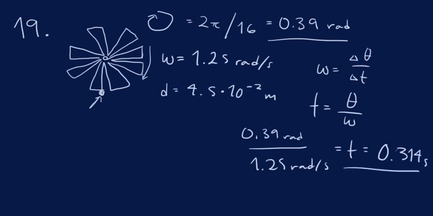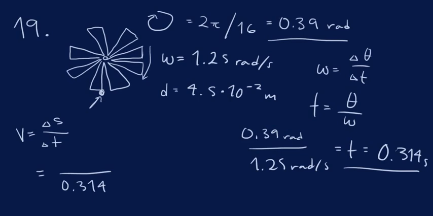Now we're dealing with the velocity of the golf ball. So v equals the change in distance over change in time. We know that time equals 0.314, and we want it to travel past the windmill, so just the diameter of the ball.